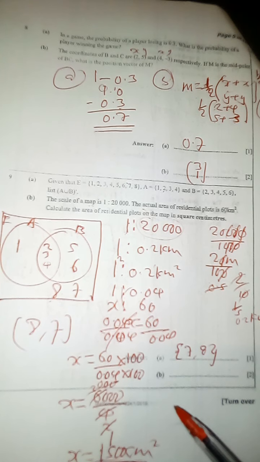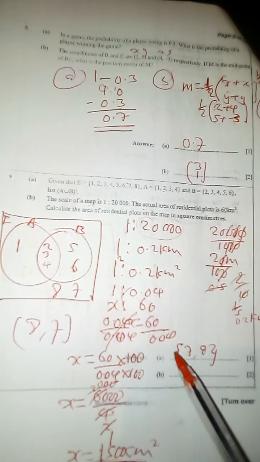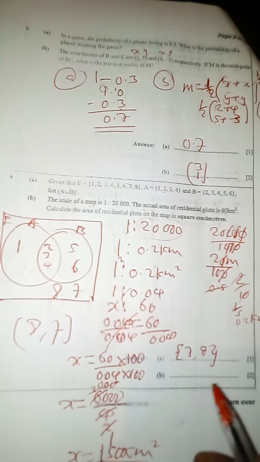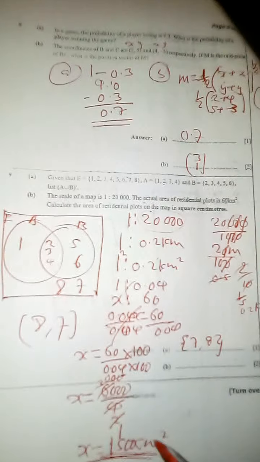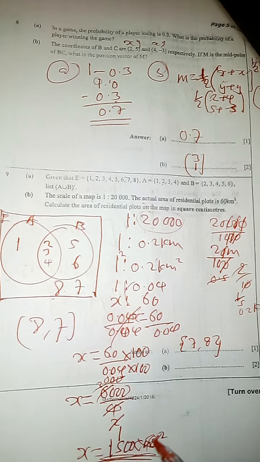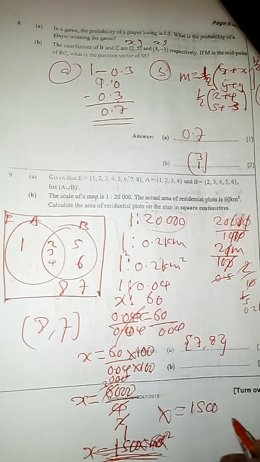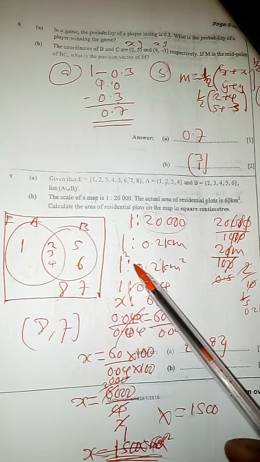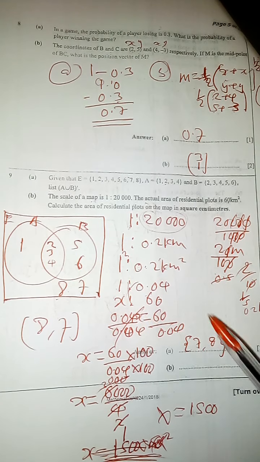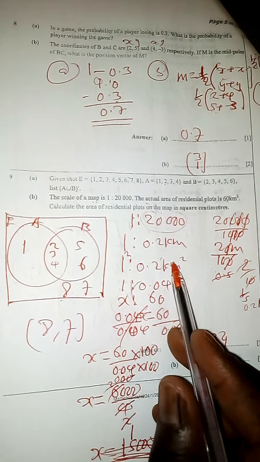So maybe a bit of correction here. Since X is equal to 1500, in fact, the numbers are in kilometers, so it means this is kilometer squared, because all the numbers are in kilometer squared.